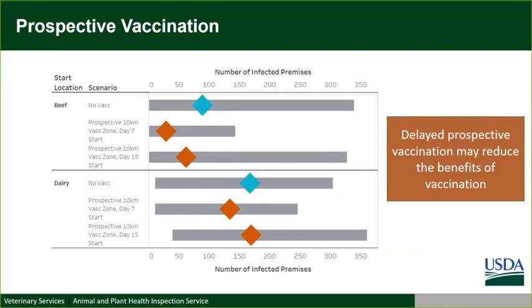Basically, the more delayed the application of vaccine, the more you reduce the benefits of vaccination. That makes sense, right? Because you're getting closer to a strategy of not using vaccine at all.